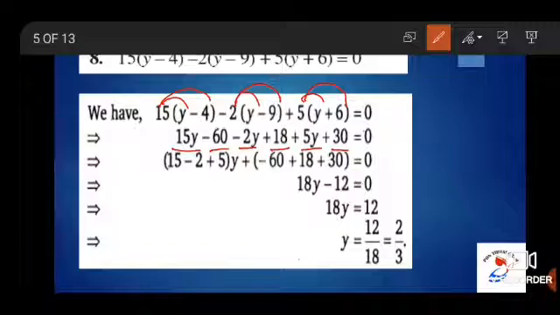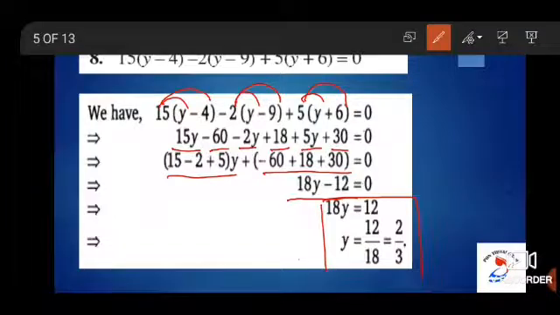So let me combine the terms, that is the variable and the constant, which will give me the result as 15 minus 2 plus 5 into y plus, within the bracket you can write it as, because all are constants, no? So minus 60 plus 18 plus 30, that is equal to 18y minus 12, that is equal to 18y minus 12 is equal to 0. So in the next step, it is 18y is equal to 12.